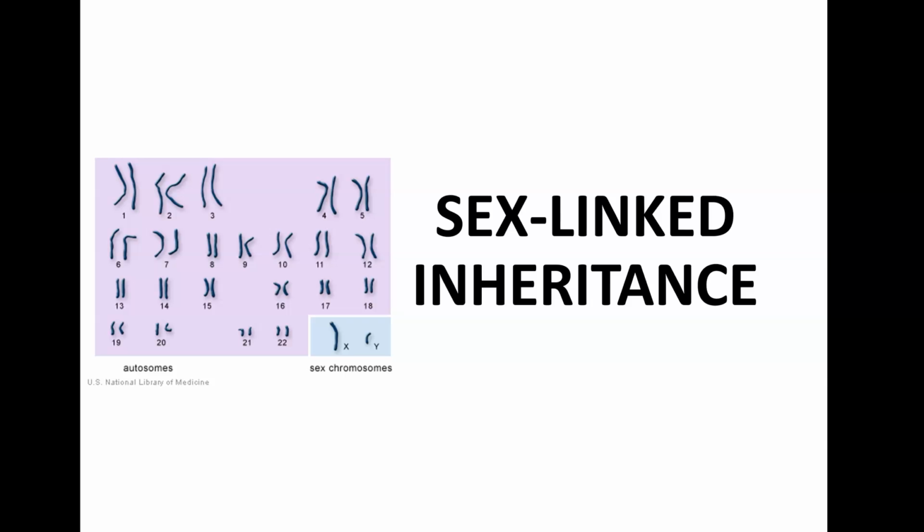the final type of inheritance that I wanted to discuss with you and teach you is known as sex-linked inheritance. This is a type of inheritance in which the traits are controlled by genes located on the sex chromosomes. That's why this type of inheritance is called sex-linked. Traits controlled by genes on the X chromosome are called X-linked traits.